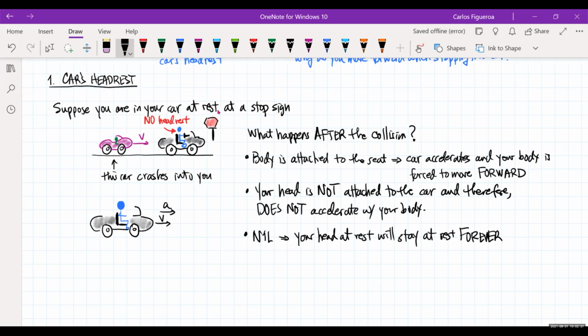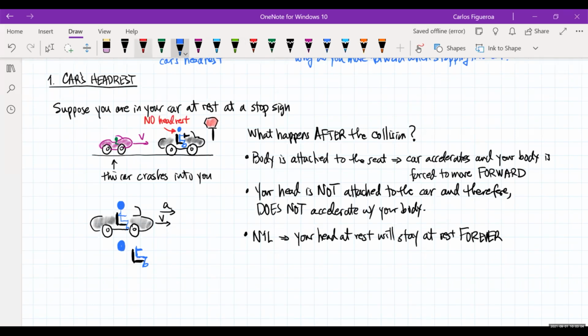But if I look at just the car seat, let's draw the car seat now. We agree that the car seat had to move. So what we're seeing here is that the body is moving with the car, but the head is not moving.